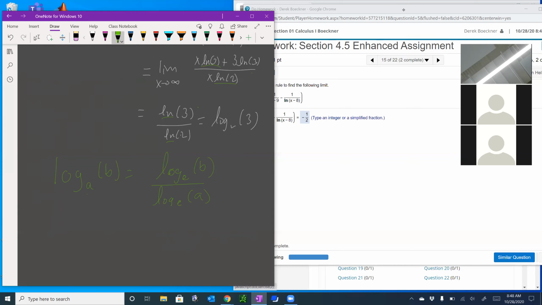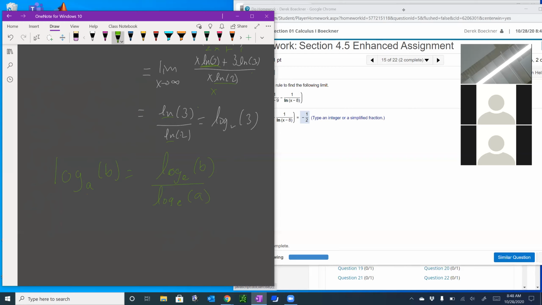Where'd the x go? So like if I had 2x plus 1 over x, right, then I have just 2 over 1. You can use L'Hopital's rule again.